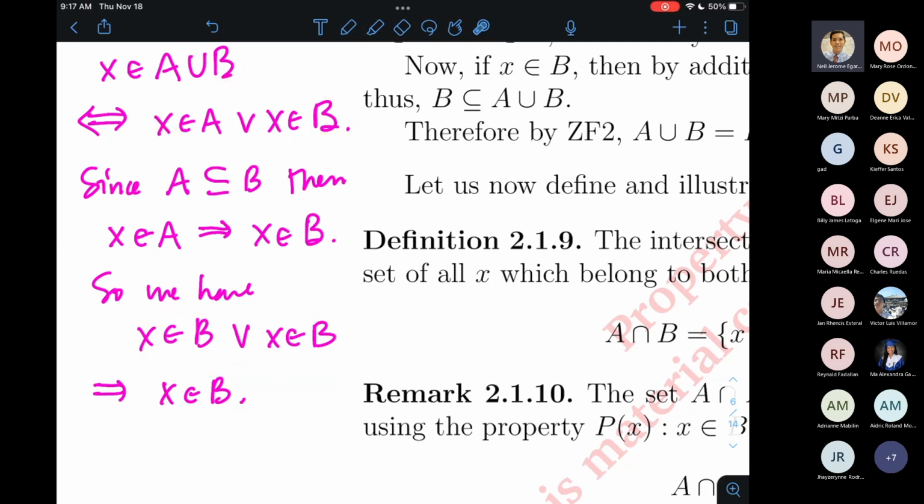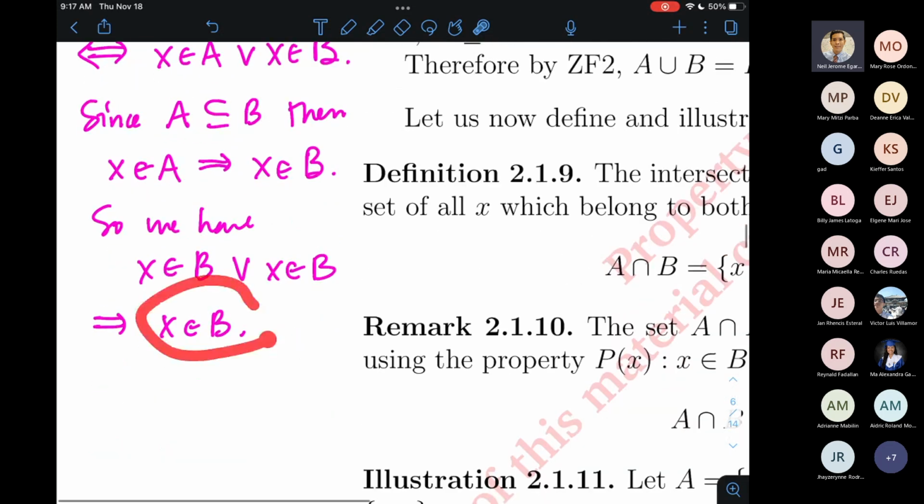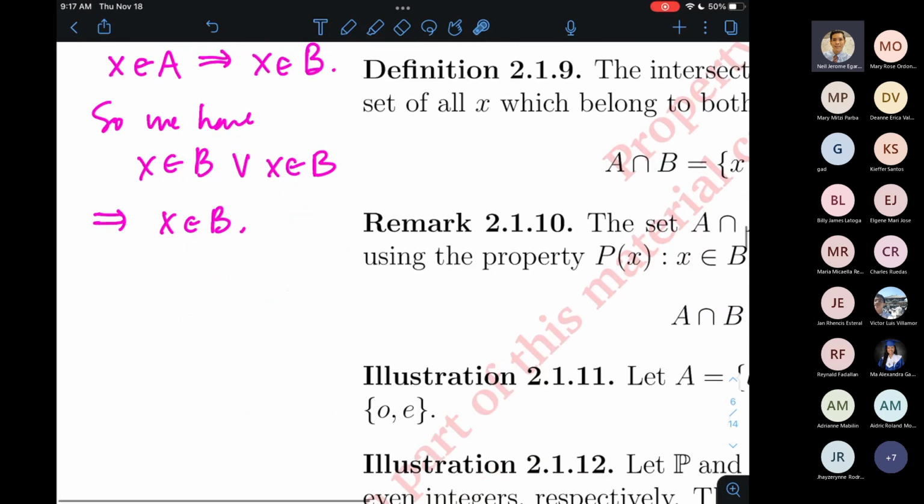So, ibig sabihin, napakita ko pa lamang dito that if X is an element of the union, and with the assumption that A is a subset of B, then it will follow that X is an element of B. Or in other words, we can say that A union B is a subset of B. All right? So ito lang yung napakita natin. Wala pa yung equality, so I'll need to do the other half na nire-require ng axiom of extension.